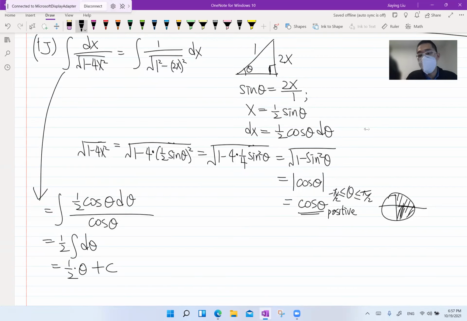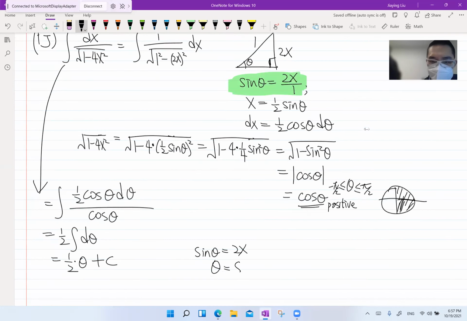But we're not done yet. The integral is given in terms of x, so we have to convert the angle theta in terms of x. This is sort of a shortcut, because we know that from very early on, when we set up the trig ratio, sine theta equals 2x over 1. From here, we can actually solve for theta.